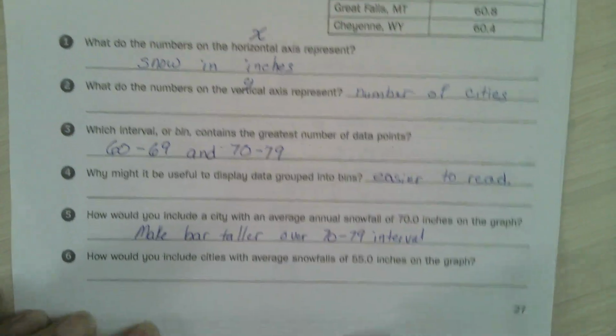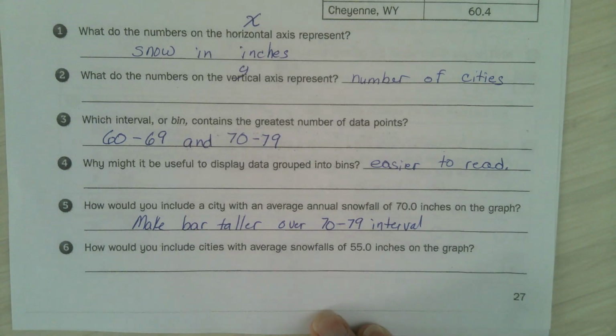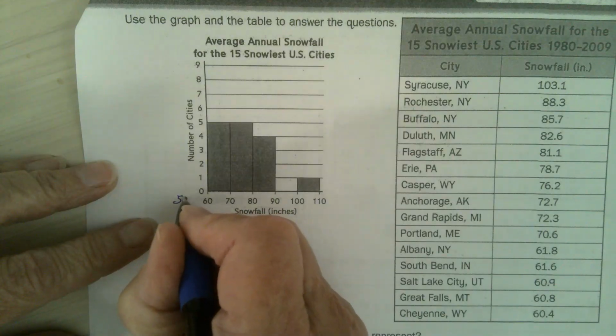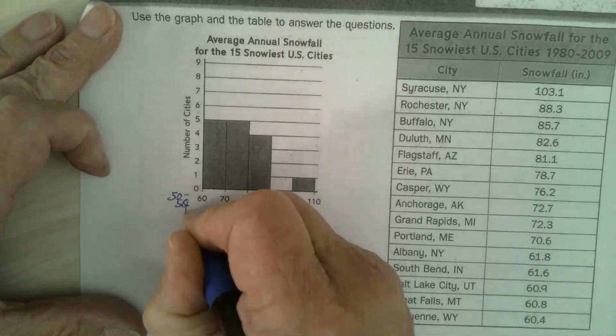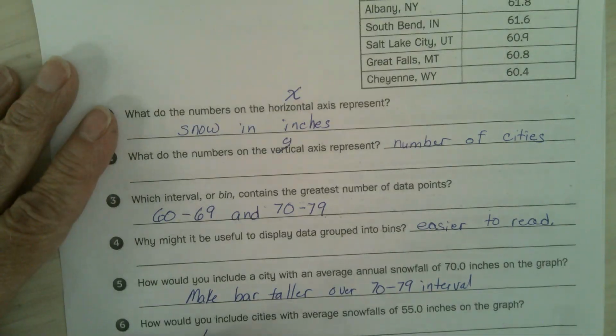And the last question, how would you include cities with average snowfalls of 55 inches? Well, I'd just add another interval. I'd put an interval over here. I would say 50 to 59. I just add another interval. So what would you do? Add 50 to 59 interval.